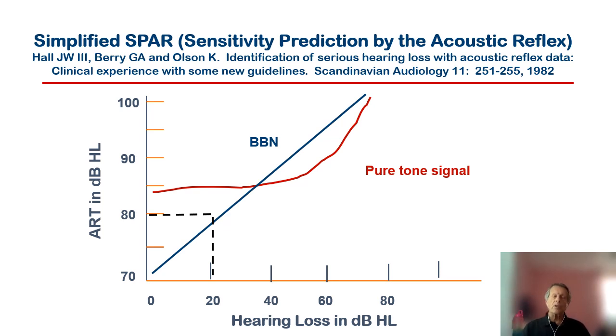Someone with a broadband noise acoustic reflex threshold of 60, 65 dB, which is very typical, try it out on the TimStar Pro. Go to the exhibit area and record your own broadband noise threshold. If you have normal middle ear function and normal hearing sensitivity, you'll probably have a broadband noise threshold well under 80 dB.